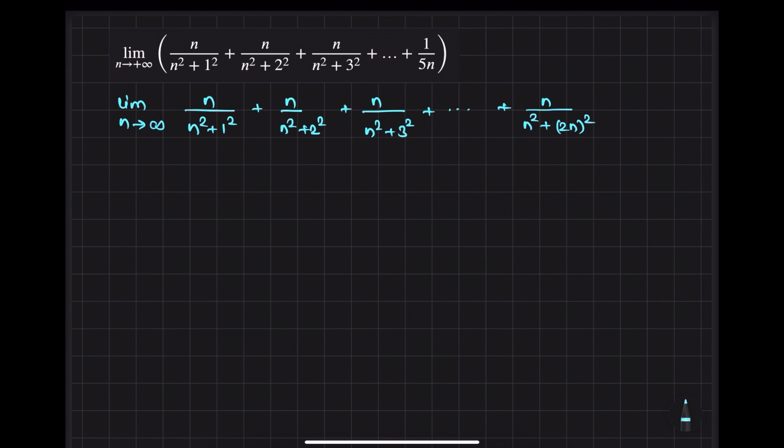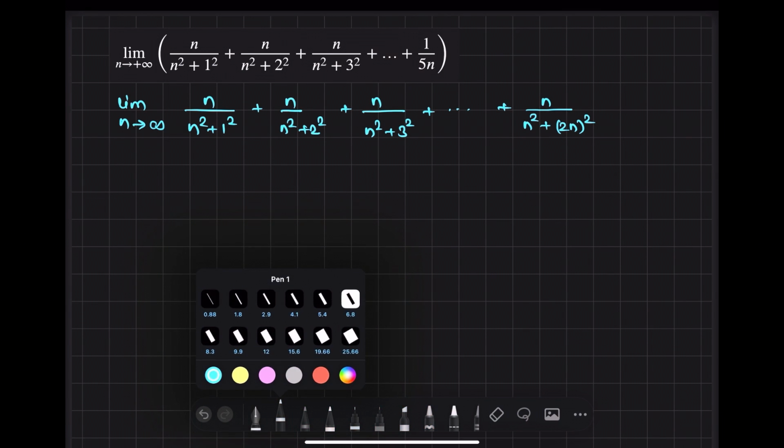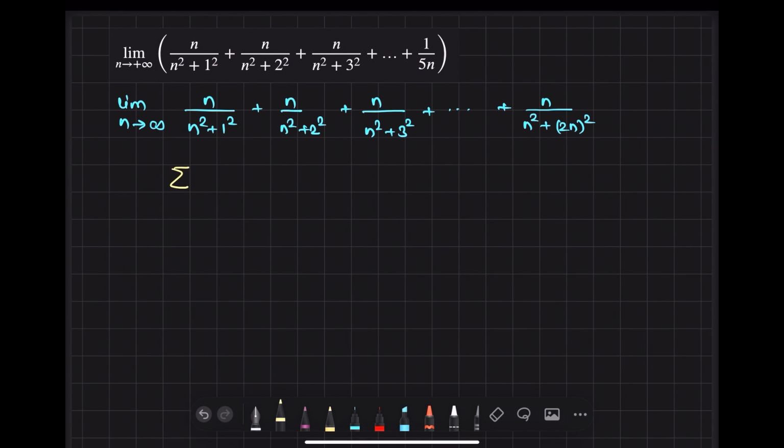Now we are good to apply the limit. So look here, can I write summation? This is n by n square plus r square, r starts from 1 to 2n. This is my idea to write down this question into the given form.